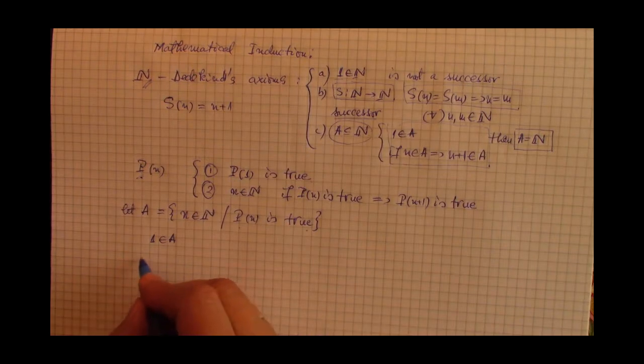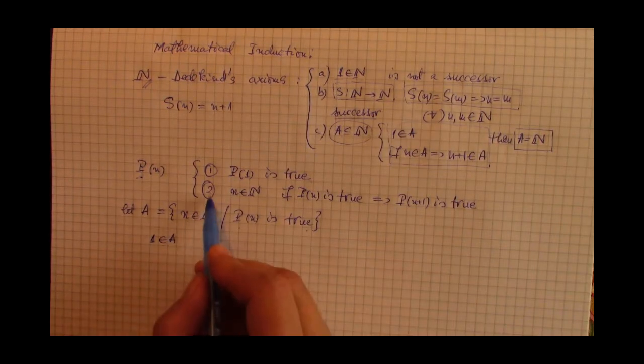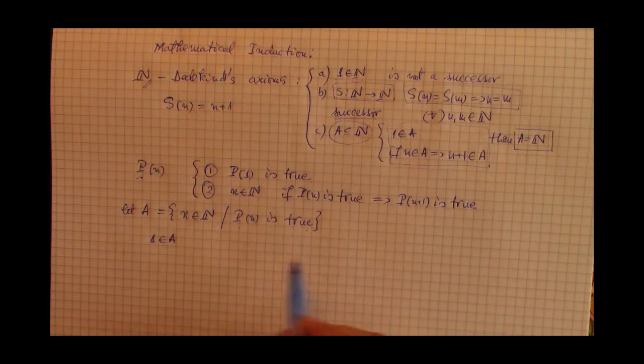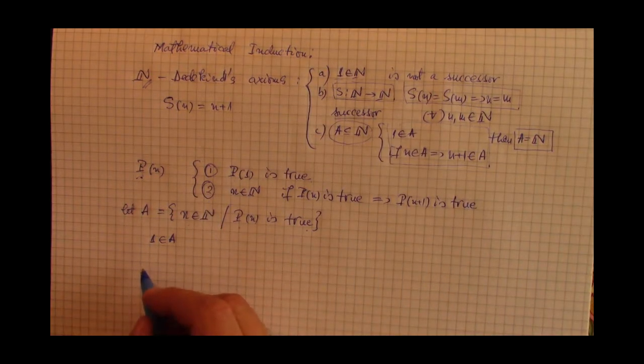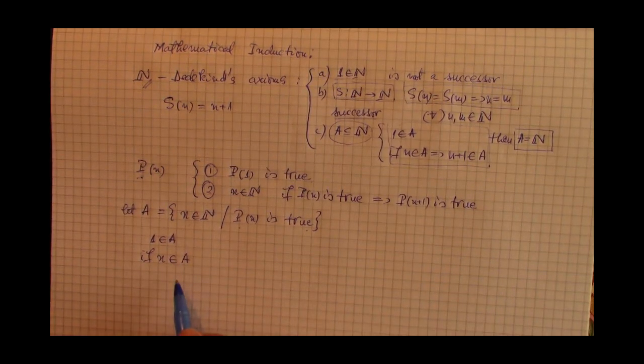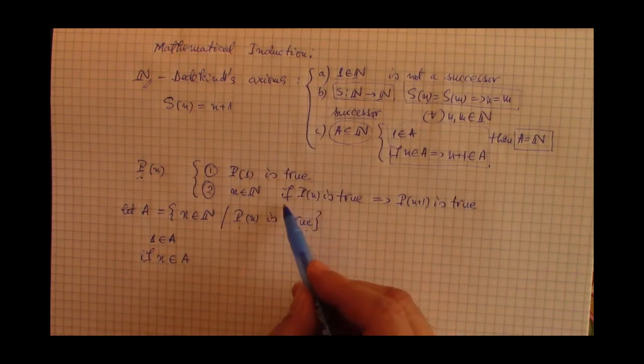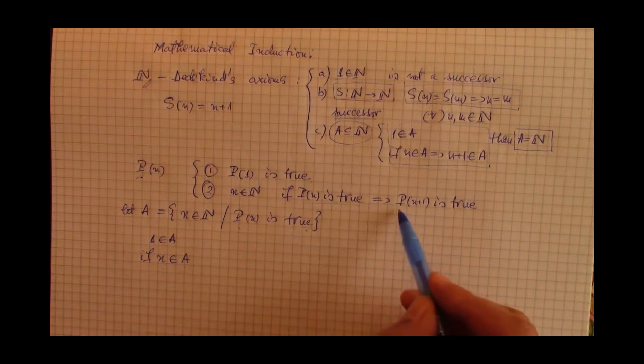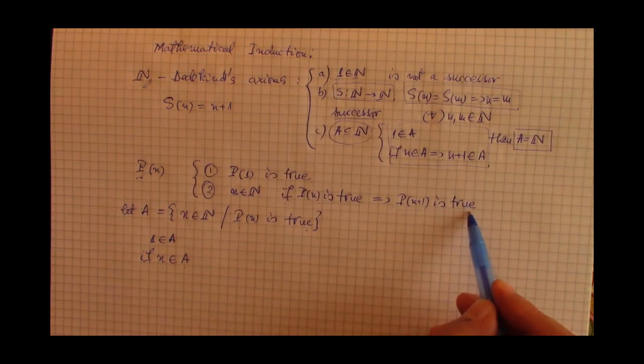Also, we actually said that we were able to prove the second statement. So if n is in A, n being a natural number that is in A means that P of n is true. Well, so P of n happens to be true, then we prove that P of n plus 1 is true. What does it mean for P of n plus 1 to be true?